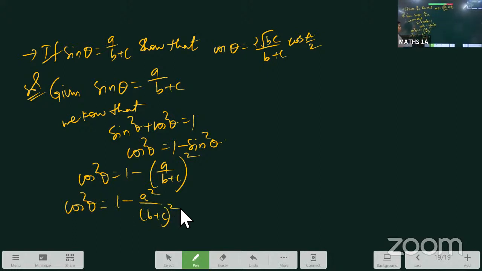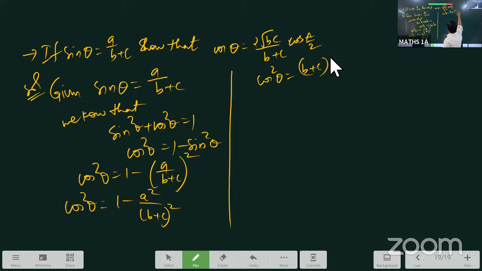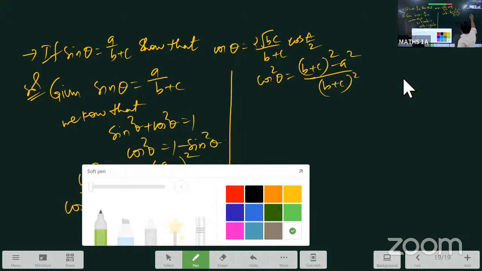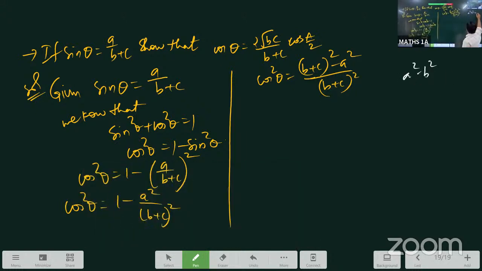Take the square for both, right? Now cos square theta is equal to b plus c whole square minus a square by b plus c whole square. Yes, you take LCM. Now this looks like a square minus b square, that is a plus b into a minus b.